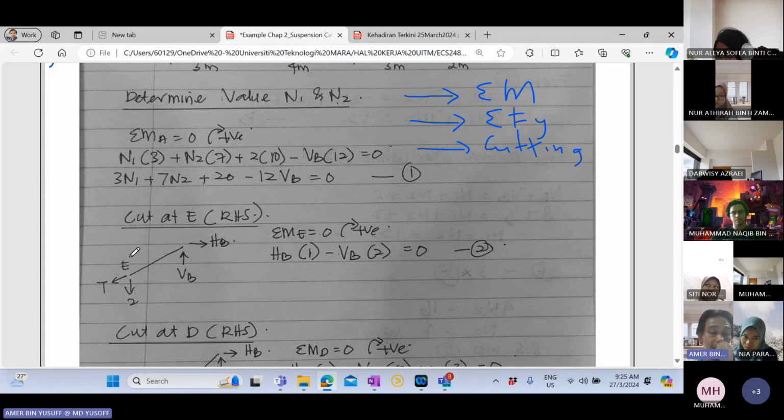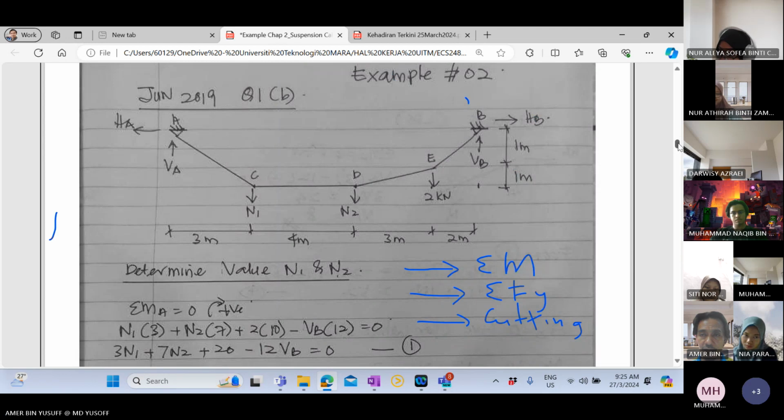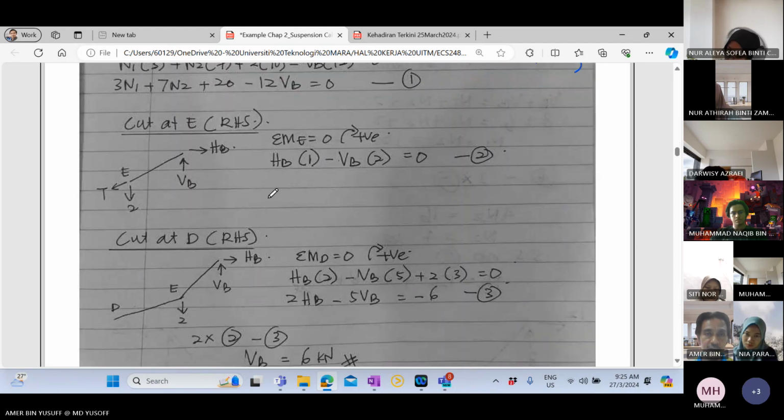This is similar to what I explained in example number 1. So I apply the 2 kilonewton, which is applied in the question. Then there is VB and HB. So I calculate moment at E. When calculating moment at E, in your sentence there will be VB and HB.